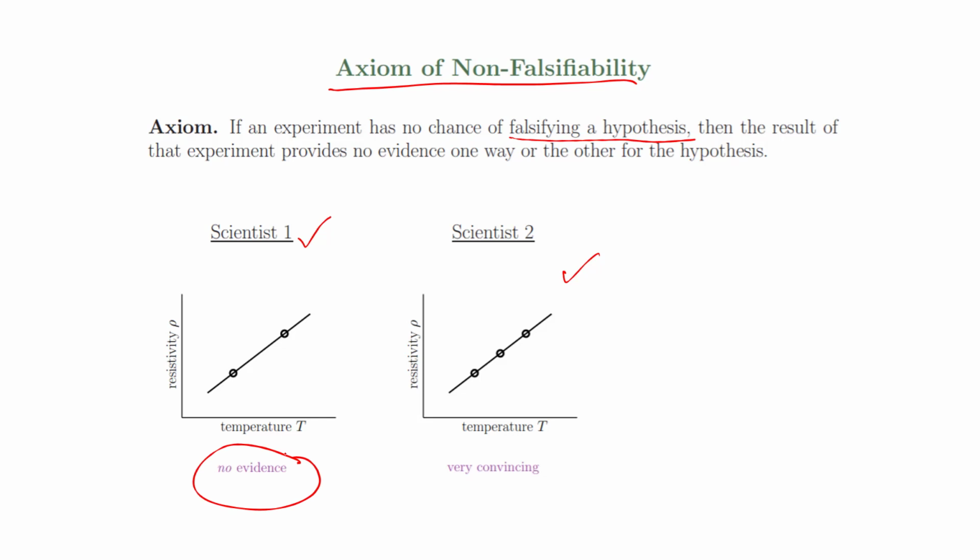We cannot say if the hypothesis is right or wrong because your experiment provides no evidence. And that's the axiom of non-falsifiability. The axiom asserts, as the book also says, that the data should have some chance of falsifying a hypothesis if we are to conclude that it can provide evidence for the hypothesis. So scientist 1 has demonstrated what exactly that means. So what is the applicability of falsification in machine learning? Let's look at that.